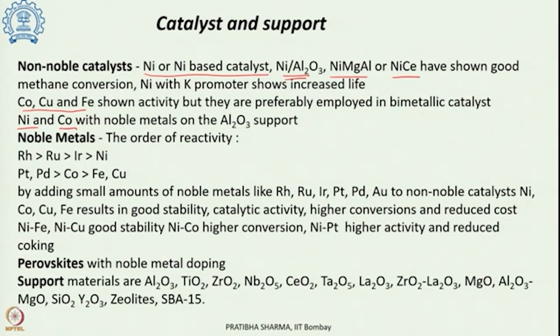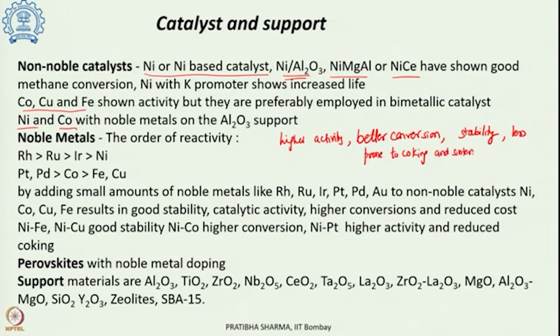Compared to non-noble metals, noble metals have a higher activity, they provide better conversion, and they have good resistance towards coking and sintering. So, they have good thermal stability and mechanical stability, and are less prone to coking and sintering.